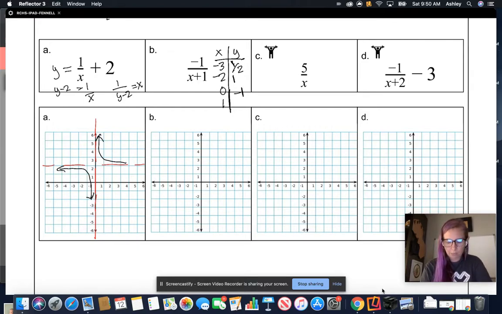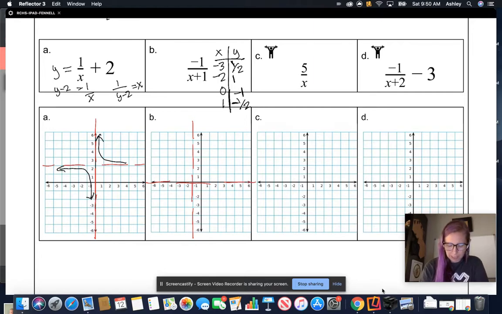And -1 divided by 2 is -1/2. All right, so we have our vertical asymptote at x equals -1. Our horizontal asymptote has not shifted. It's just y equals 0. And now I need to plot these points here.